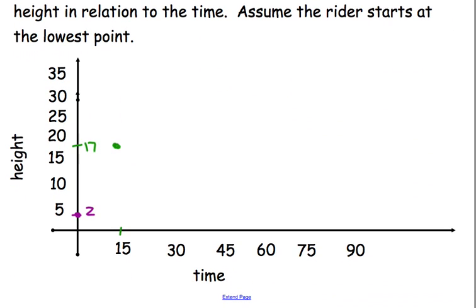So go back and graph it. At 30 seconds, I'm at 32 feet. Meters. All right. See if you can find the next 2 ordered pairs for 45 seconds and 60 seconds.